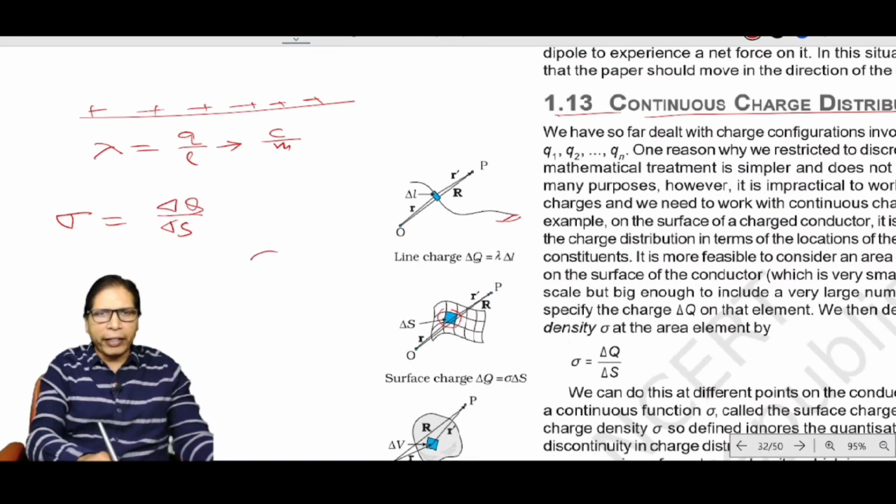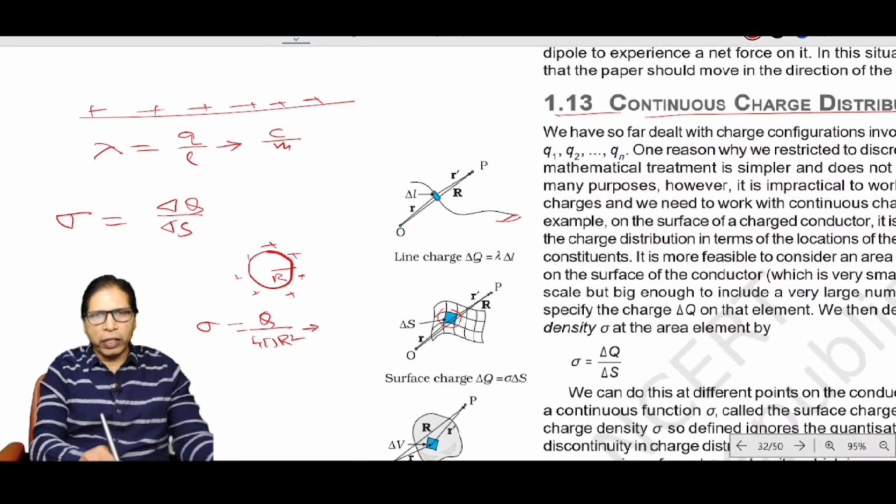Now for a conducting sphere or spherical shell, charge resides over the surface. If r is the radius of the conducting sphere or spherical shell, then sigma becomes Q divided by the area, that is 4 pi r square. Its unit is coulomb per meter square.